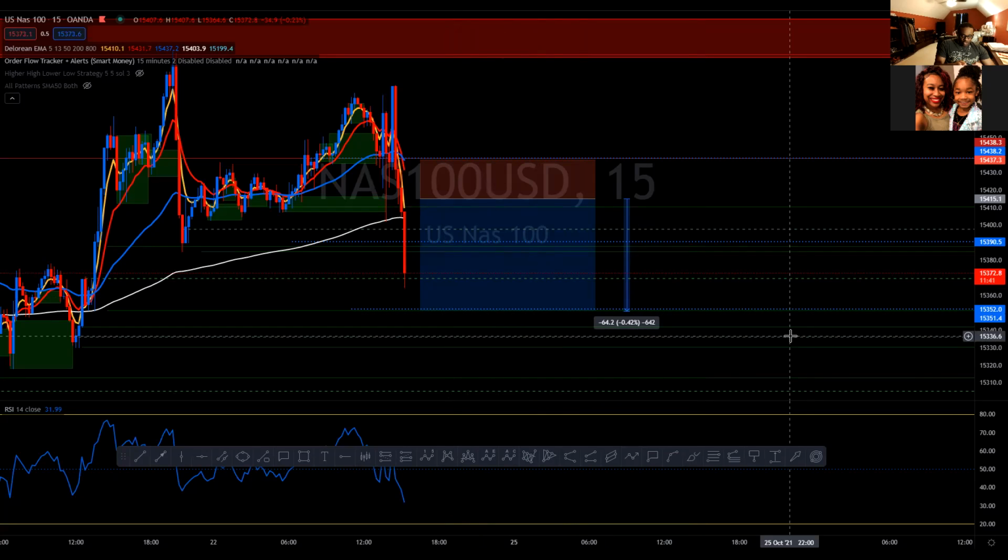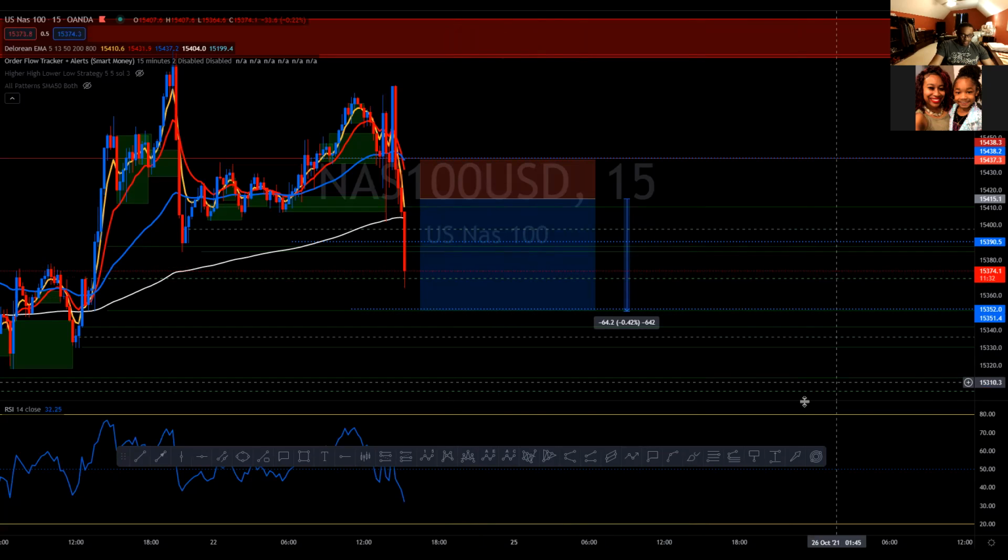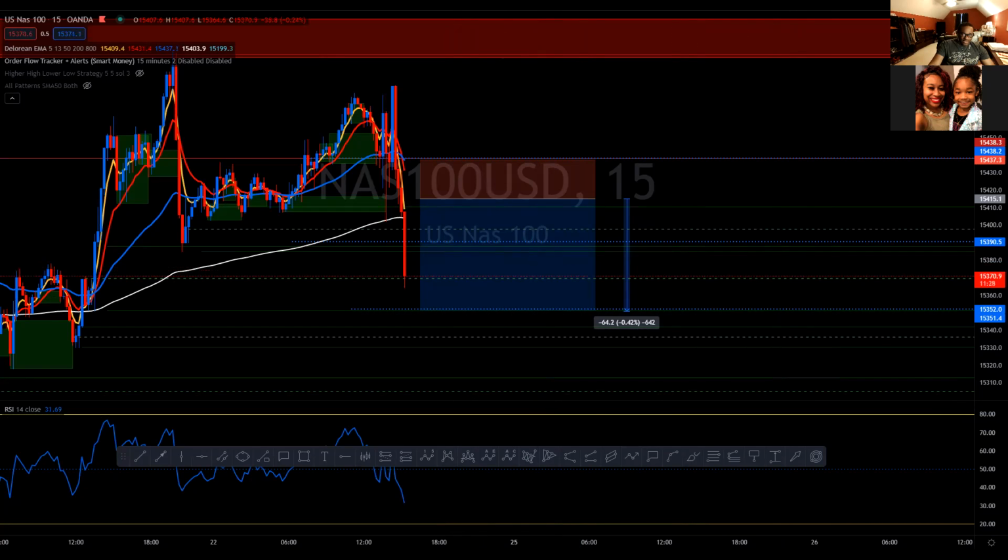So let me say this real quick. Oh, I'm excited now. This thing is dropping. Look at this. All right, guys. So I made $315 on this trade. Now, Shanice, she started with the smallest lot size, which is appropriate for starting out in trading.